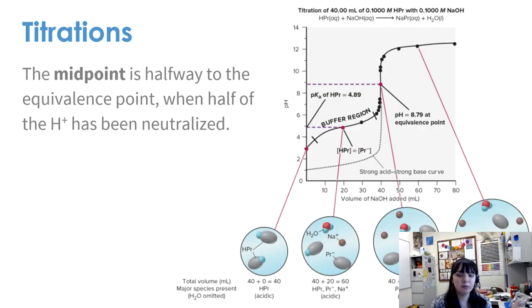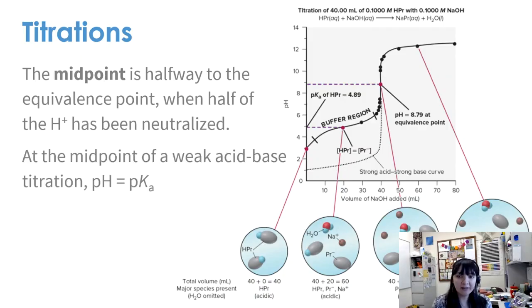So this represents when we have half of our acid neutralized, meaning that we still have some acid around, but we also have the same amount of its conjugate base that was produced through that neutralization step. The midpoint is special because the concentrations of the weak acid and conjugate base are the same. This means that at the midpoint, the pH of the solution is going to be equal to the pKa.